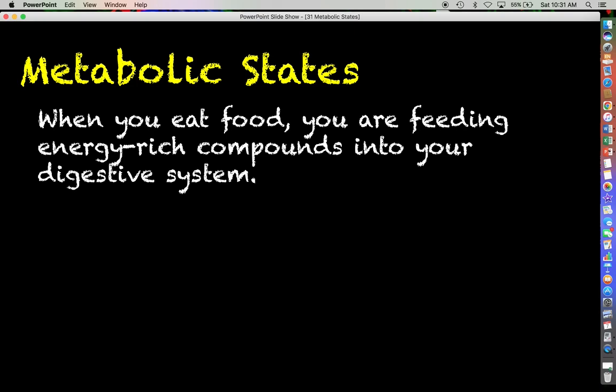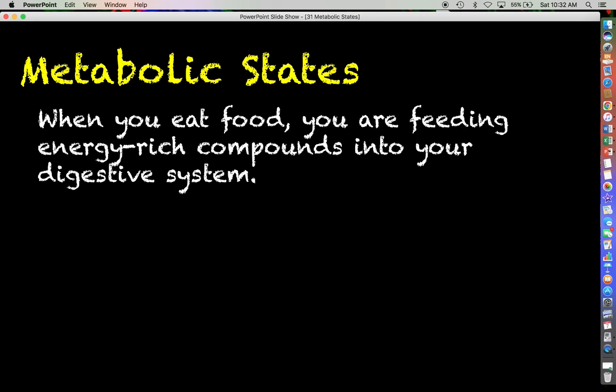So what food provides for us are energy-rich molecules that can be broken down via catabolism, and through cellular respiration, we can extract the energy from those high-energy food molecules, and we can package that energy into the molecular bonds of ATP, and then that ATP can be hydrolyzed at a later time, and that energy that gets released from there can be used to power our anabolic processes like protein synthesis and muscle contraction.